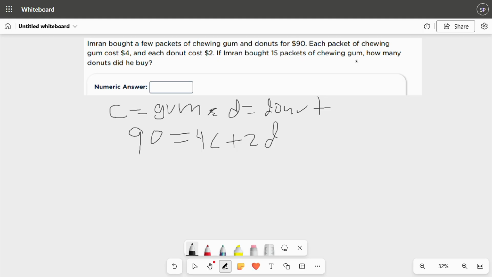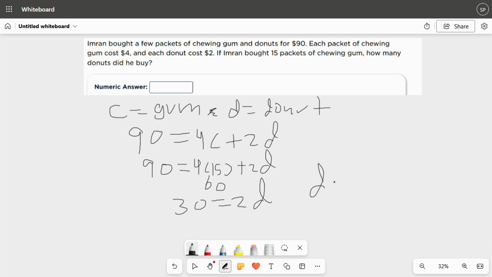If he bought 15 packets of chewing gum, how many donuts did he buy? So we can substitute C for 15. 90 is equal to 4 times 15 plus 2D. 4 times 15 is 60, and we can subtract 60 on both sides. So 30 would equal 2D, and then D would be equal to 15. So the answer would be 15.